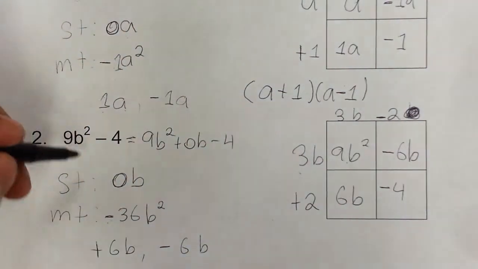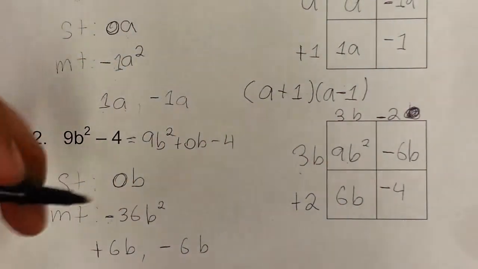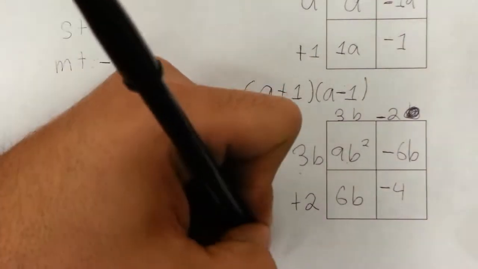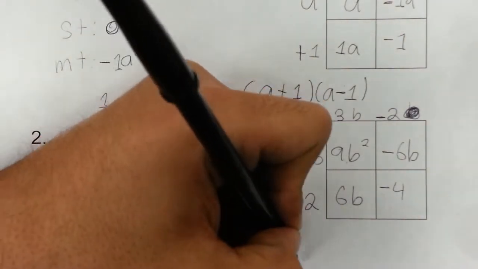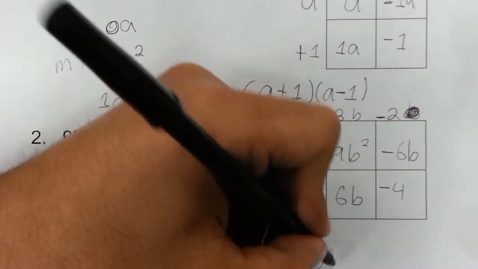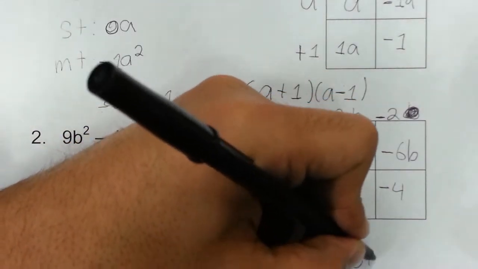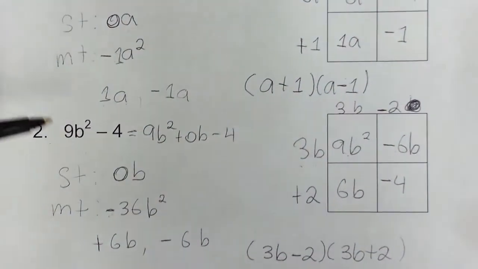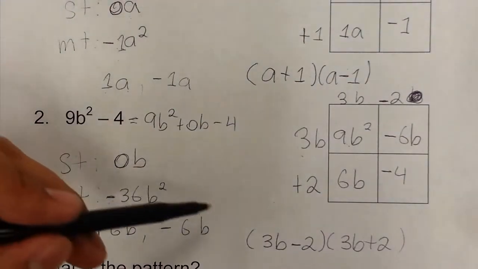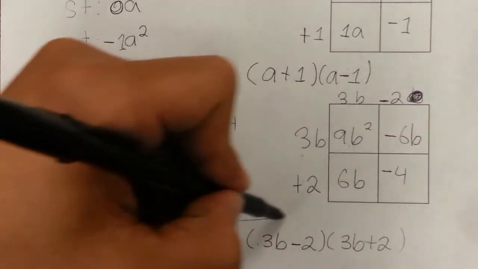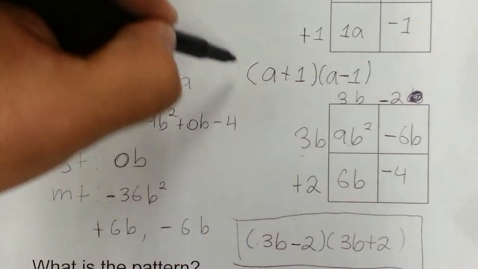So the correct factorization of 9b squared minus 4 is 3b minus 2 times 3b plus 2.